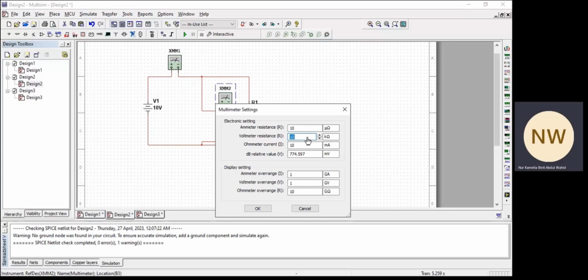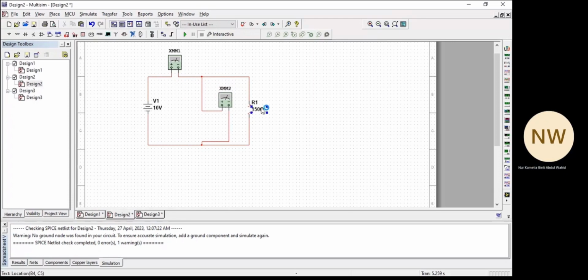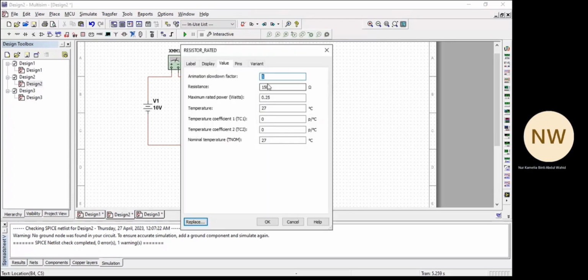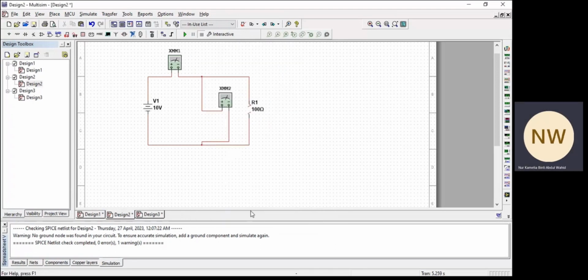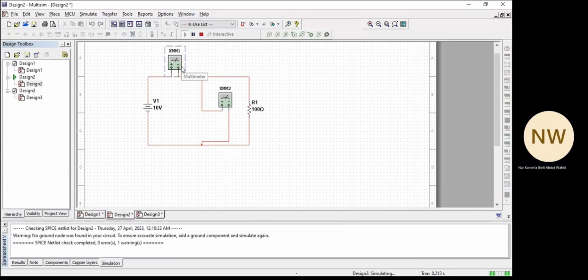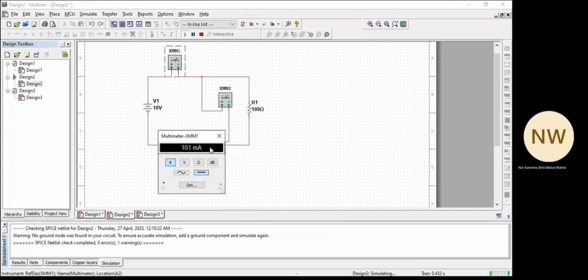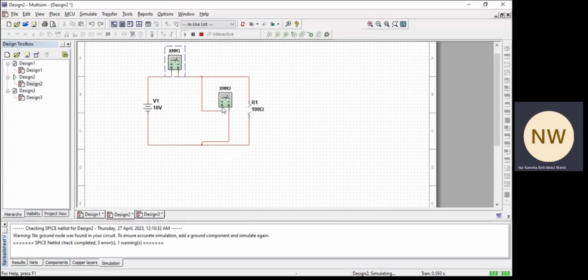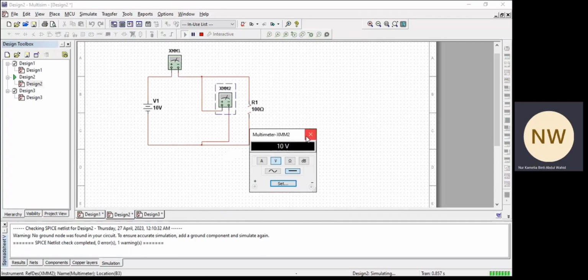If we run the circuit for 100 ohm resistance, the answer that we will get is 101 milliampere, and for the voltmeter is 10 volt.